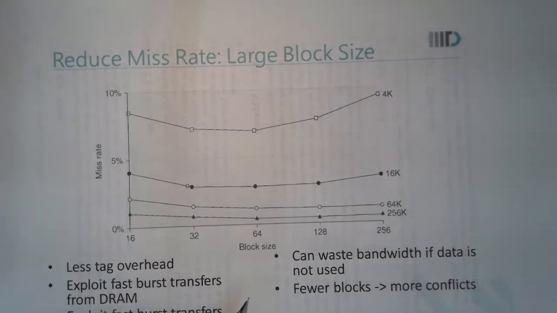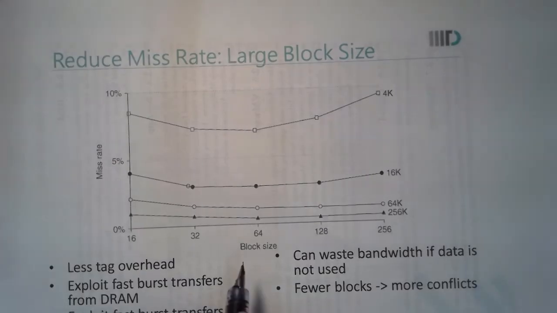So, the block size should play a role in figuring out the miss rate. Basically, if we have too small a block, then the miss rate will go high. Now, how about having a very large block?